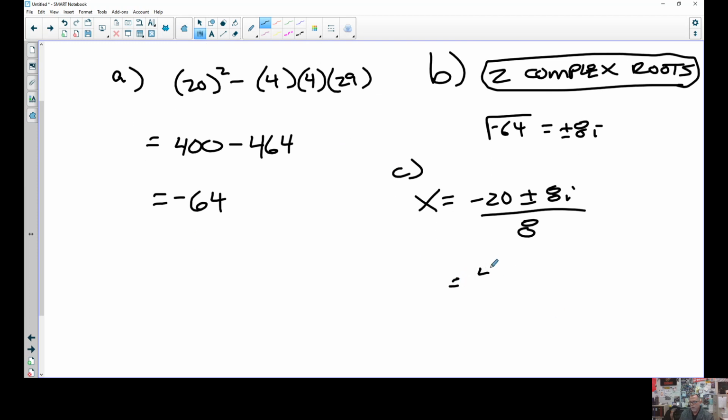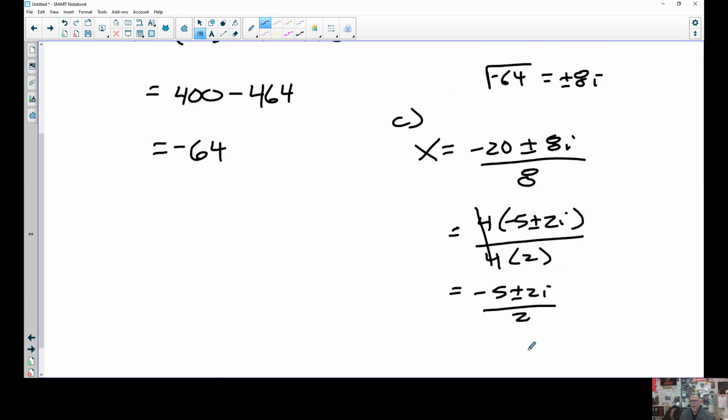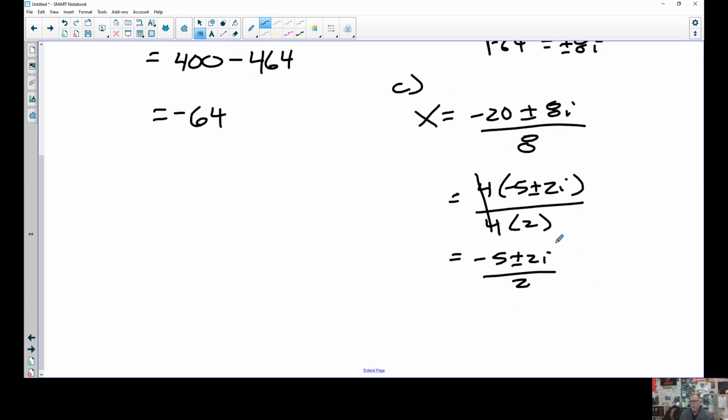So if I took a 4 out, I would have negative 5 plus or minus 2I. And on the bottom, I would have 4 times 2, right? So those would cancel, leaving me negative 5 plus or minus 2I all over 2. And those would be my 2 solutions.